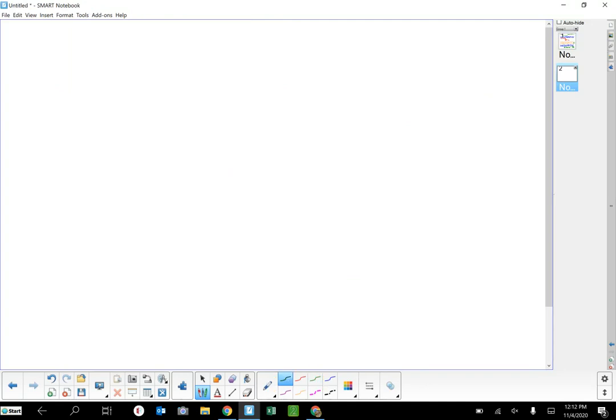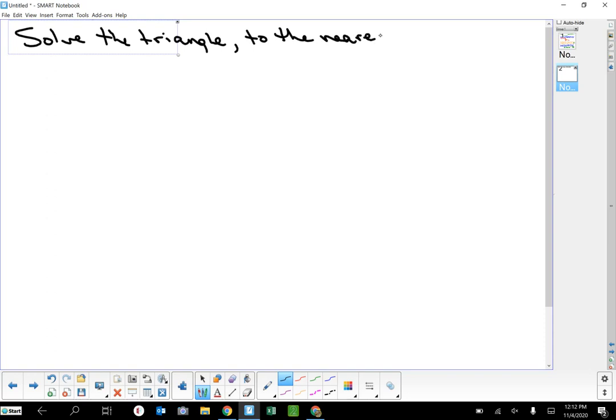All right, so here's our first example. Solve the triangle. And when you solve the triangle, we are going to solve to the nearest tenth. And I took this example out of the book in Varsity Learning, so you could go and take a look in chapter 8.